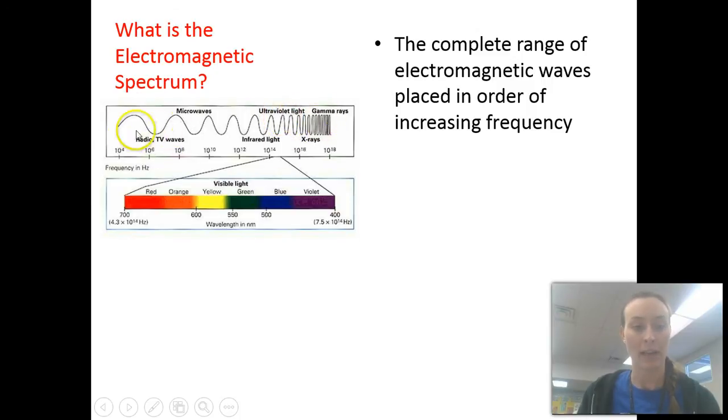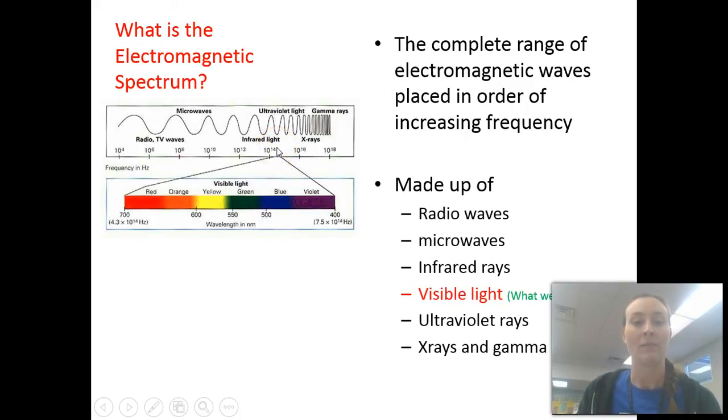So over here we have a lower frequency, and over here we have a higher frequency. This tiny little part right here is the spectrum of visible light, which is just one part of the electromagnetic spectrum. This is the only part of the electromagnetic spectrum that we can see.